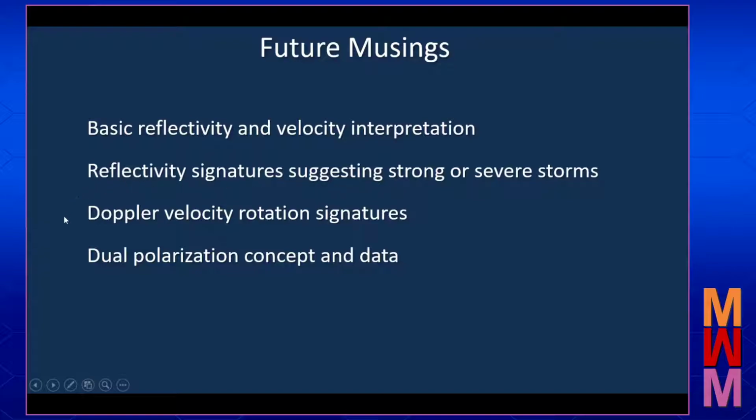We'll take a look at the rotation signatures in the Doppler velocity data as well, and some of the terminology that's used when describing these rotation signatures. And then we'll talk about dual polarization, an important upgrade about 4 or 5 years ago to the WSR-88Ds. We'll talk about the idea behind dual polarization and some of the important data that it provides.